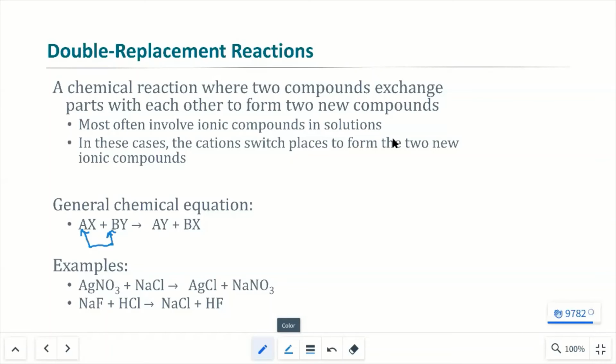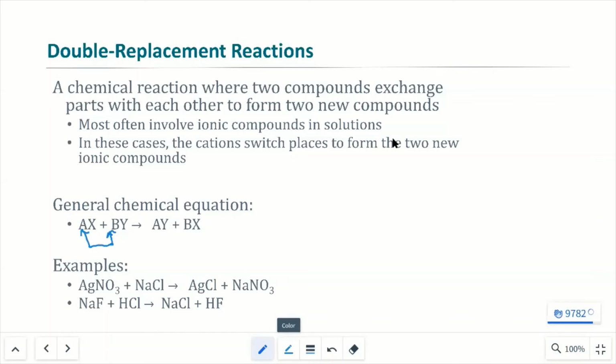Now, this kind of chemical reaction is usually accompanied by some sort of visual observation. So if you're doing this experiment, you usually see the formation of a solid or the formation of a gas or some kind of heat evolution coming out as a result of one of these reactions.